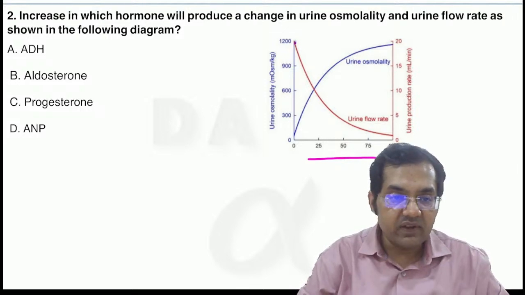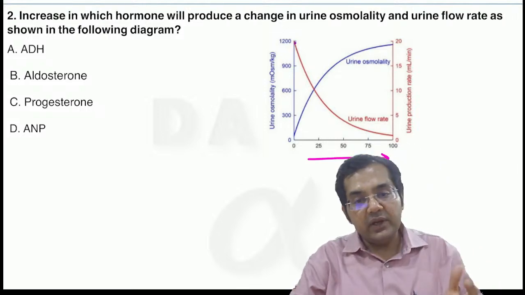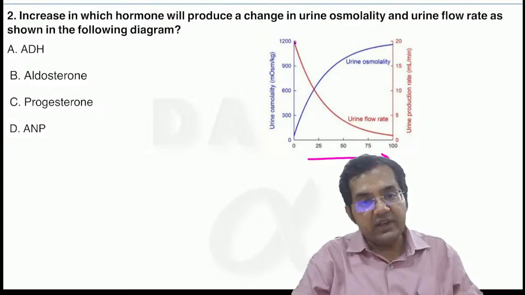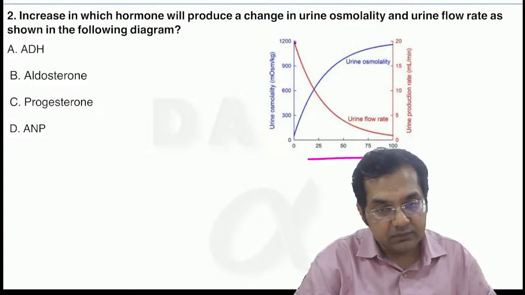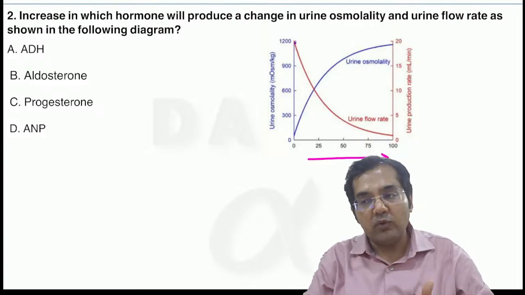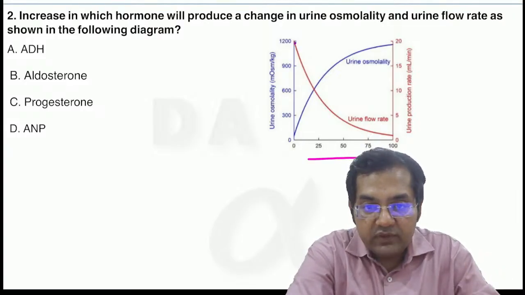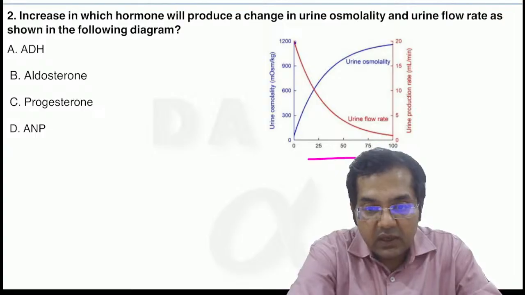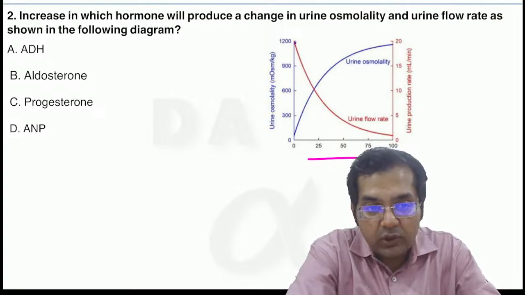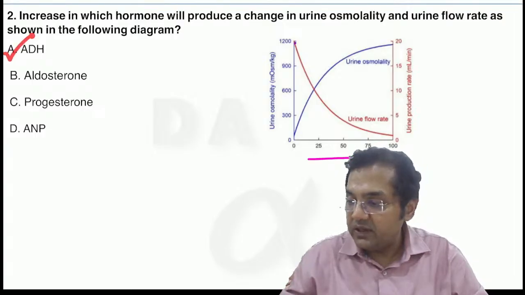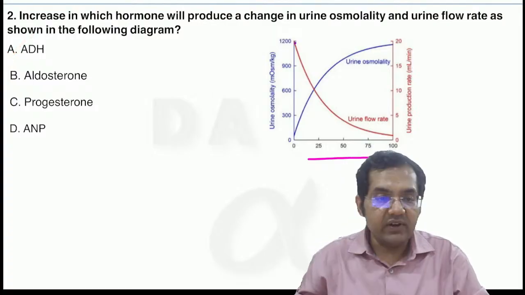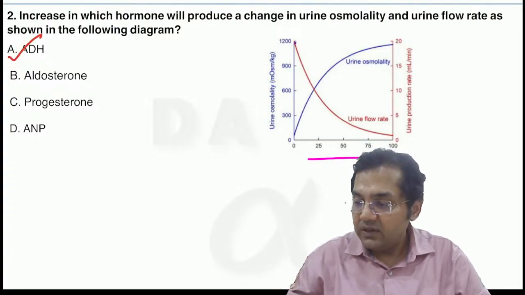Think about it. Urine flow rate is decreasing means I am reabsorbing more and more water, right? And if I am reabsorbing more and more water, the urine flow rate will reduce, but osmolarity of the urine is increasing, means it is becoming highly concentrated. So the answer is none other than ADH, right? Why is the answer ADH?